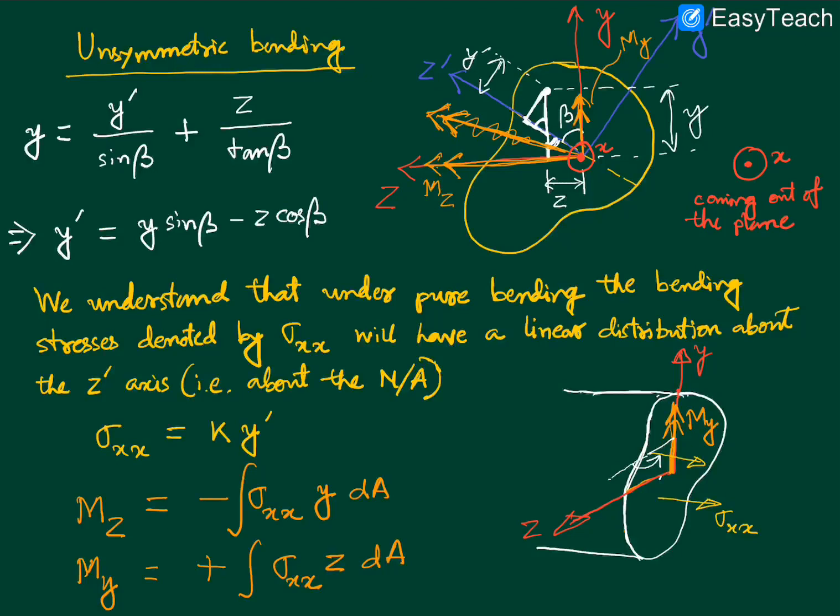But now, because we are in complete knowledge of the value of beta in terms of known quantities, we know about z dash, which means we know about y dash. So the only thing that we do not know is k. If we can find out k, we can find out the value of sigma xx. So can we find out the value of k?